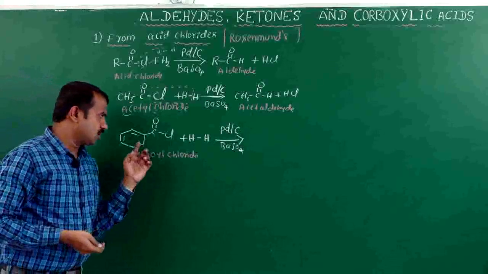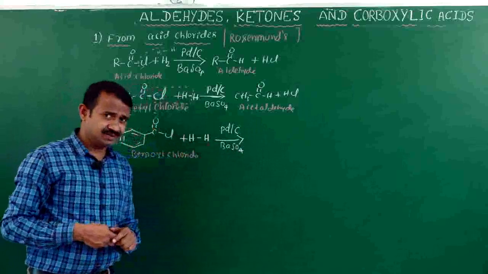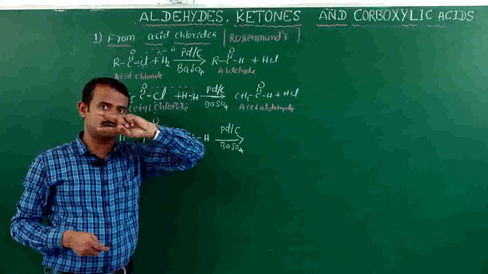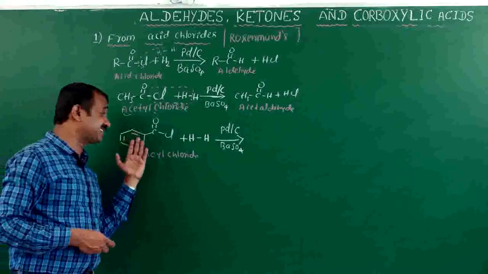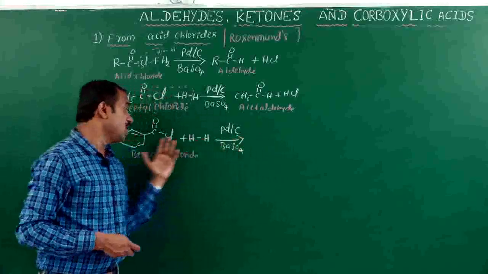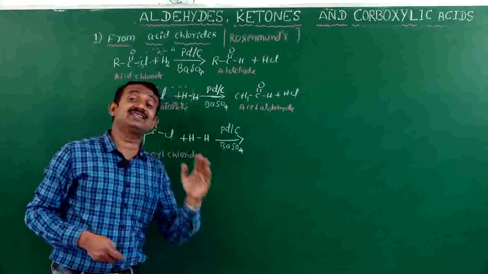Okay, complete the reaction and write the name of the reaction. 2 marks. Sometimes they give X plus H2, Pd-C, barium sulfate to form Y. What is X and Y? Write the name of the reaction.